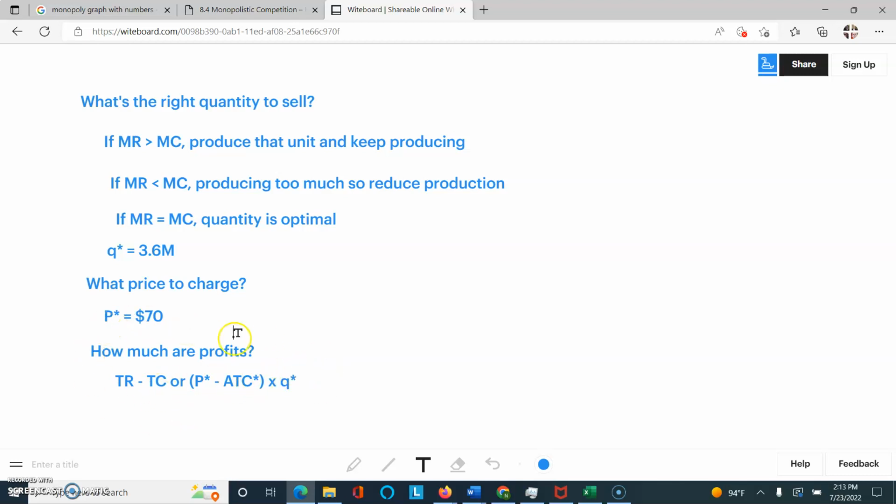Algebraically those two are actually the same. Okay, and you can just kind of take my word for that. All right, so let's take a look and apply that again on the graph, and then algebraically right here.